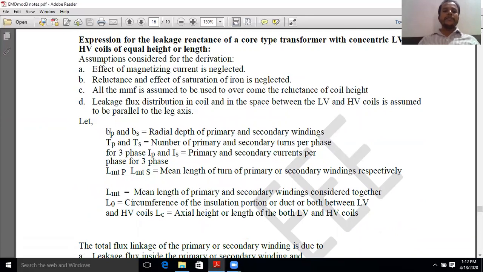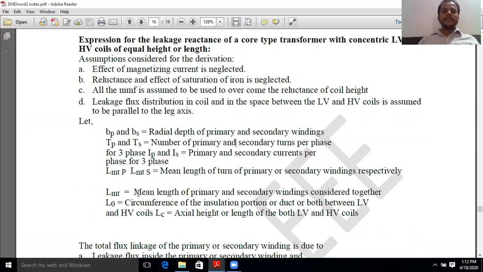What are the BP and BS? BP is the radial depth of the primary and secondary windings. TP and TS are the number of primary and secondary turns per phase. For three phase, IP and IS are the primary and secondary current per phase. And LMTP and LMTS are the mean length of turns of primary and secondary windings respectively.